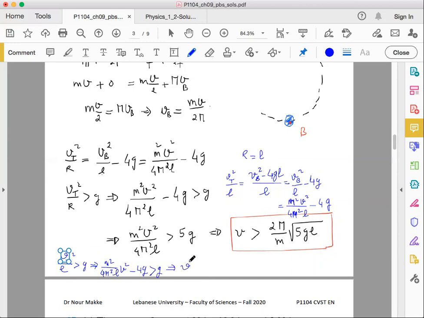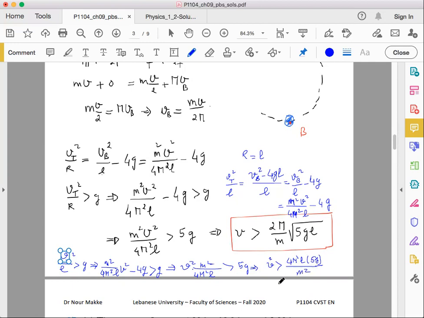We end up with V squared multiplied by m squared over 4M squared L should be greater than 5G. And so we end up with V should be greater than, we just have to take the square root, right? Or in other words, V squared should be greater than 4M squared L times 5G divided by small m squared.